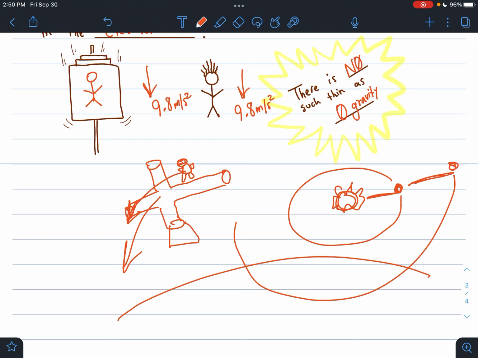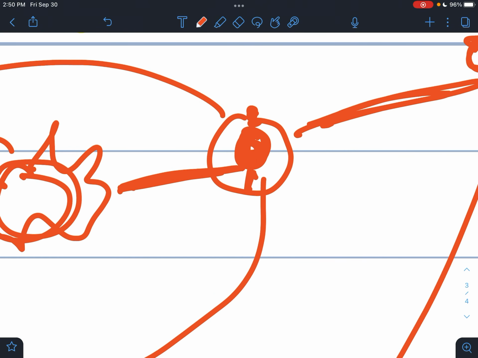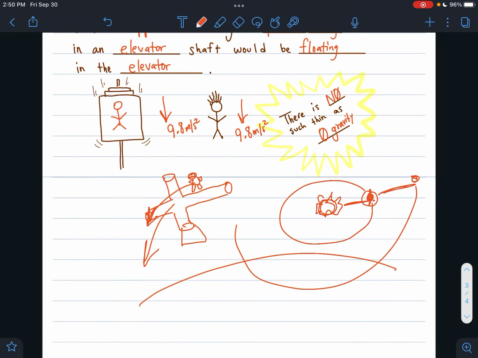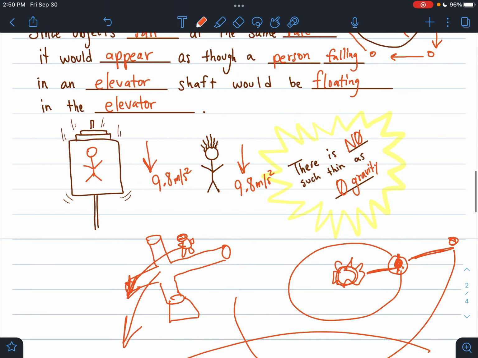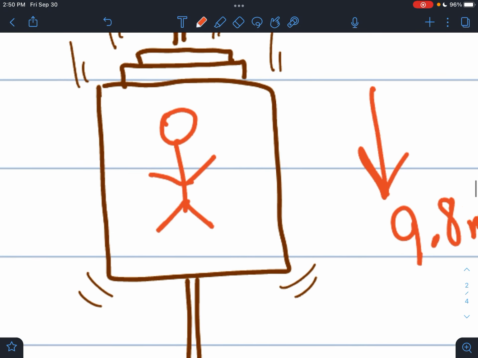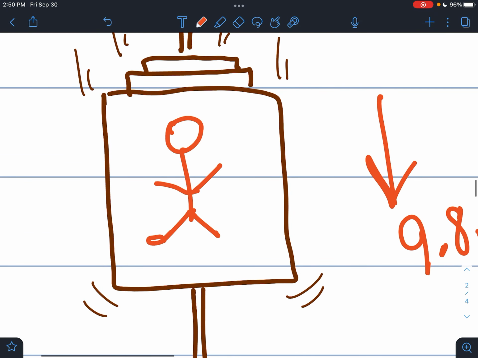And to prove that, even the Earth has a moon that's orbiting the Earth, so there must be gravity in between those spaces. And actually, the International Space Station is right here outside the Earth, between the Earth and the moon, so there's no way that there's zero gravity. There is no such thing as zero gravity. Everything is just falling at the same rate, which makes it seem as though some people are in zero gravity.